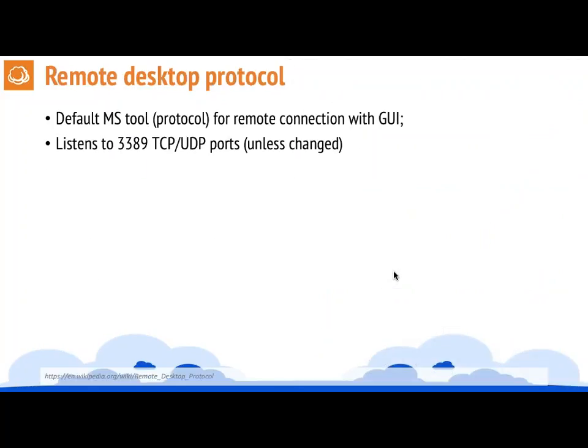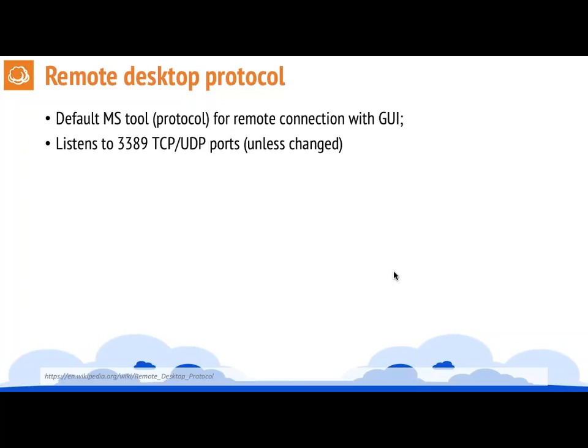So let's move on. Okay, so as we're talking about the extension for remote management, what I decided to do is just give you a few things. These are really basic, and they are obvious, but just maybe to refresh the knowledge. So the remote desktop protocol is something that we may use on a daily basis.